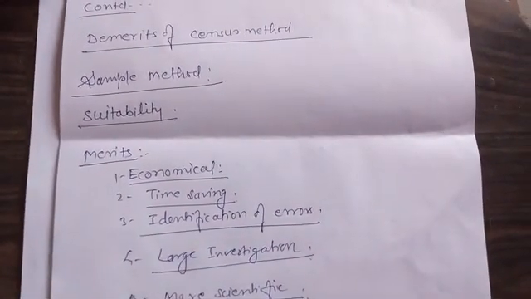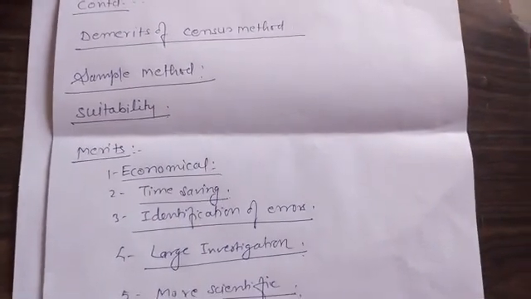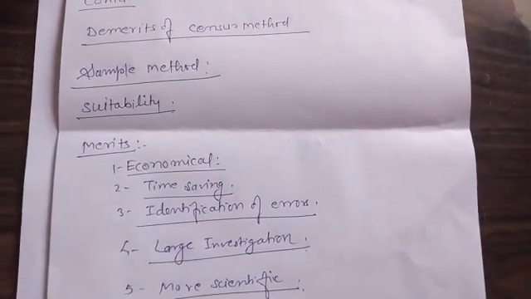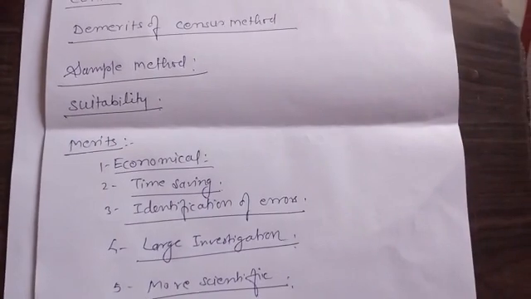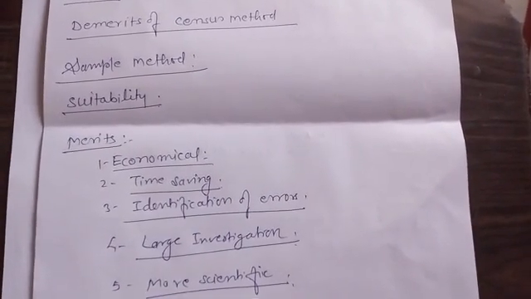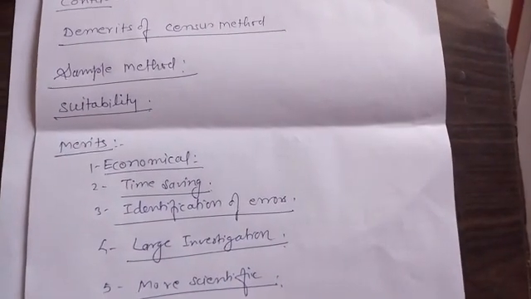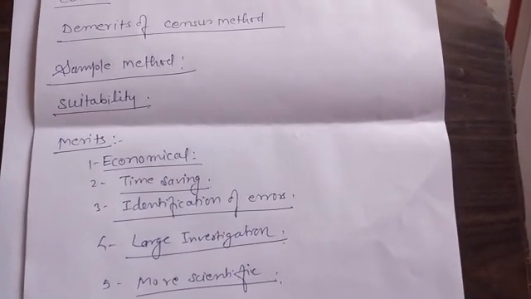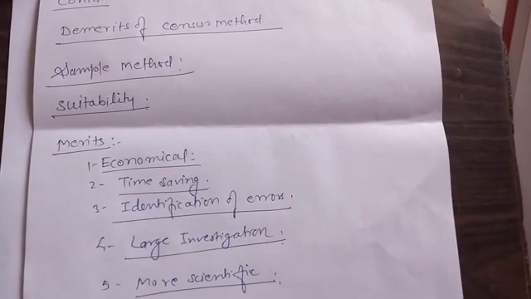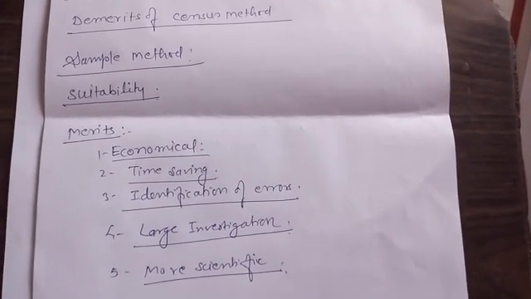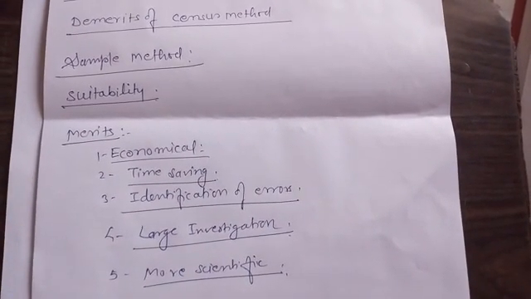Specialized knowledge. Sampling involves a set of technical procedures. One must have the technical knowledge of choosing a representative sample from the universe. Persons who are well versed with all the techniques of sampling are not easily available.